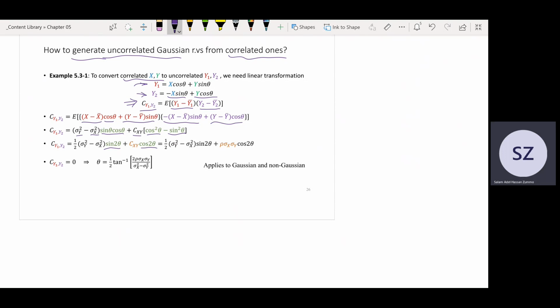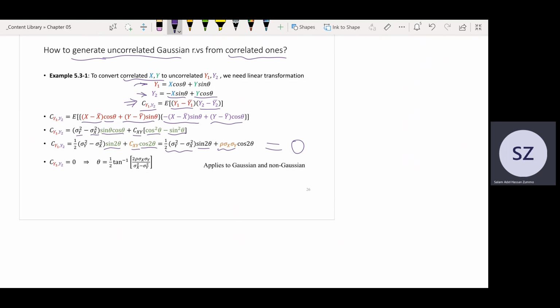We have half of variance Y minus variance X, times sine 2 theta, plus the covariance between X and Y, which is rho sigma X sigma Y, times cosine 2 theta. Now, what do we want this to be equal to? 0. So we need this to be equal to 0 and find what theta should be.